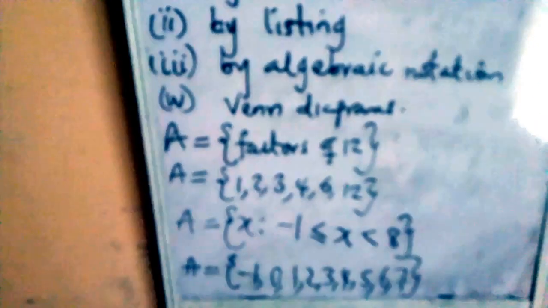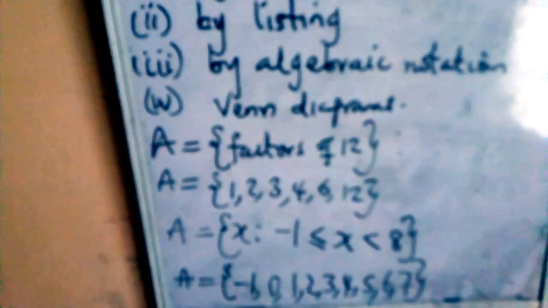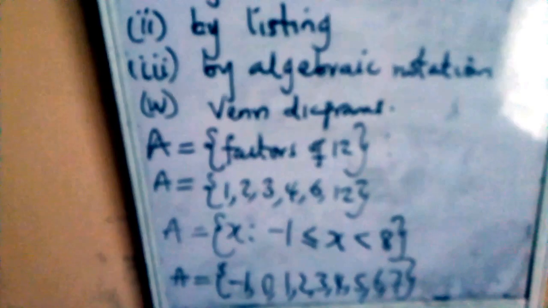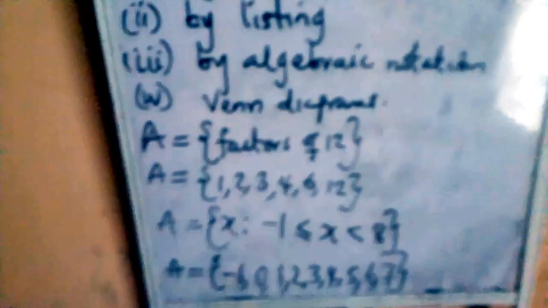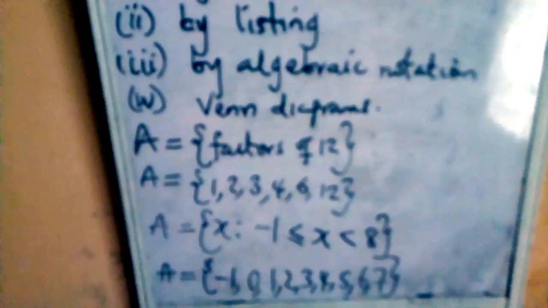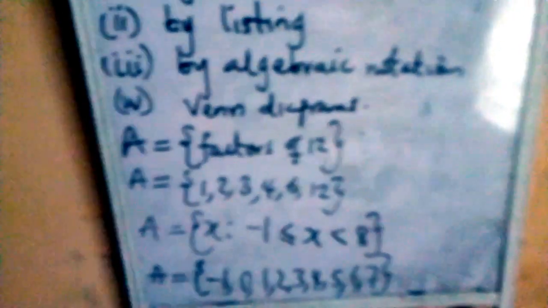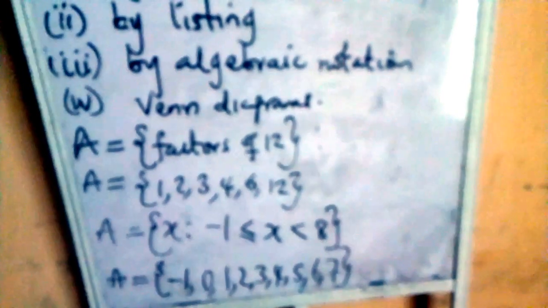So in this case, look at another set here. A is {x : -1 ≤ x < 8}, which means x is such that x is from -1 lesser than or equal to x lesser than 8.